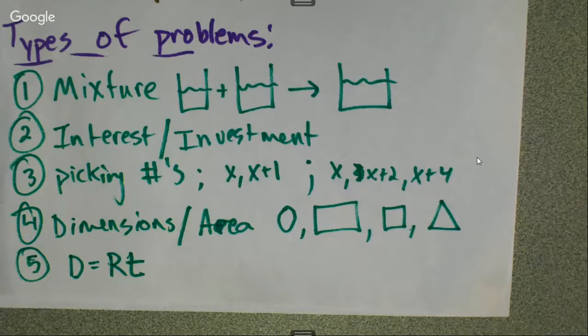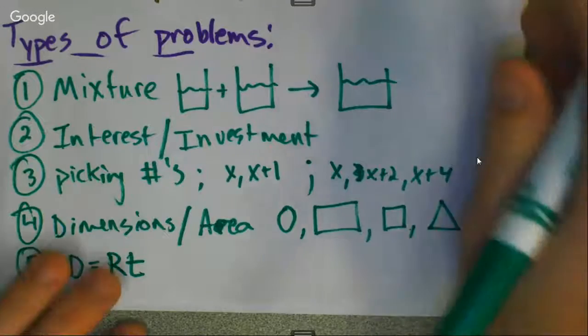So like it takes 8 hours to fly from Orlando to London and 9.5 hours to return. What's the jet stream if your average speed is 550 miles per hour? Okay, so just distance, rate, and time problems.